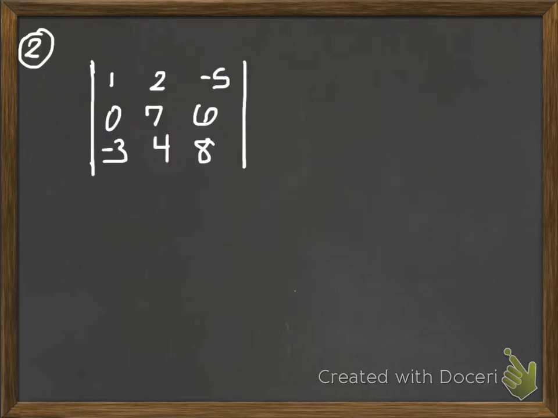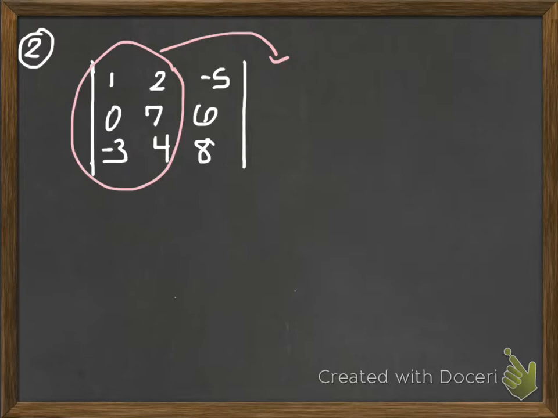When it is a 3 by 3, there's an extra step before you can start doing it. You have to repeat the first 2 columns at the end.